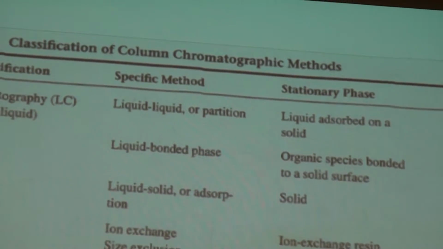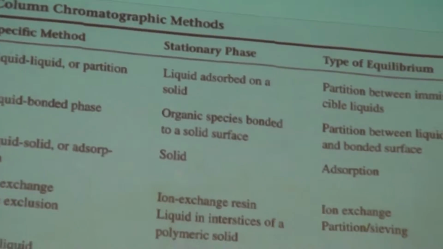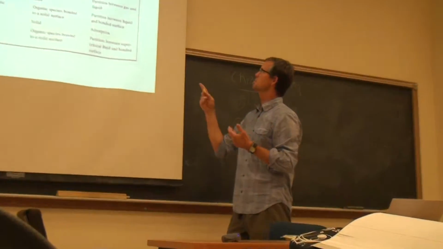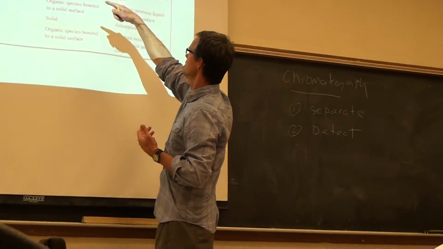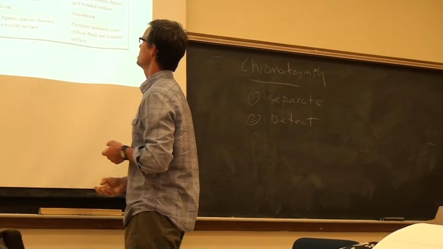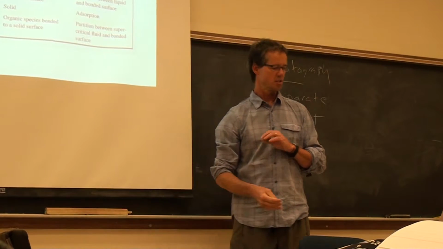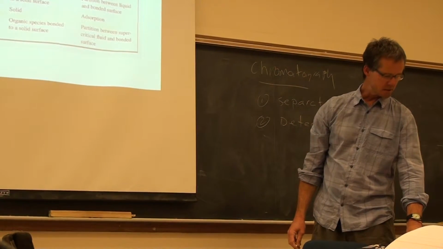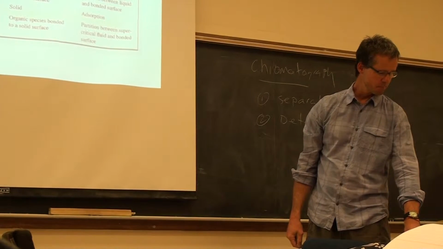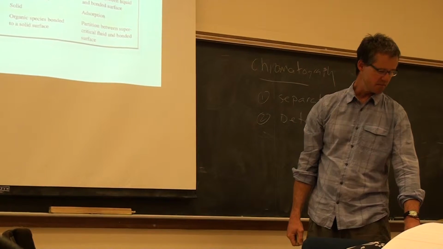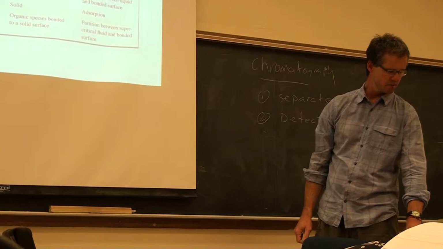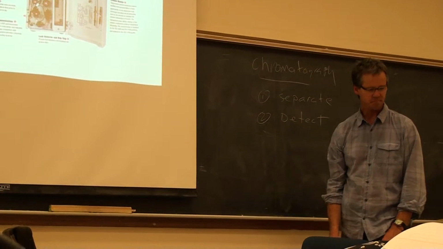And the equilibrium that they rely upon, meaning essentially the force that's driving the partition of the analyte from one phase to the other, varies somewhat depending upon the kind of chromatography that's being conducted. And so we'll talk to some extent about all these different variations, but in particular we'll spend more time talking about ion exchange chromatography, size exclusion chromatography, and reverse phase chromatography.